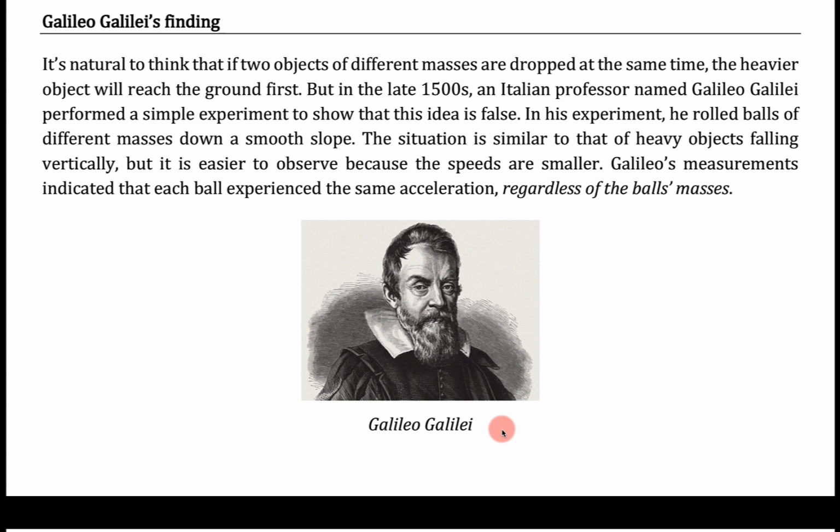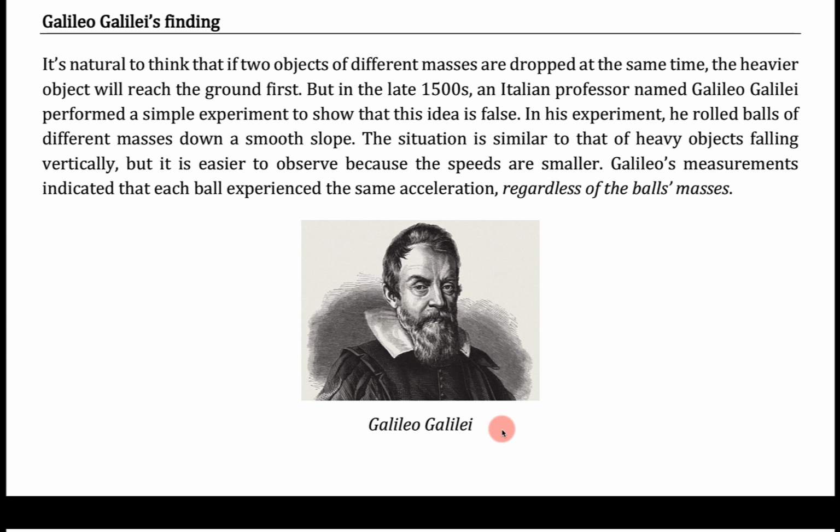So it's natural to think that if you have two objects of different masses and you drop those two objects at the same time, most people would expect the heavier object to reach the ground first. But Galileo showed in the late 1500s that this is actually not correct. He performed a simple experiment where he rolled balls of different masses down a smooth slope.